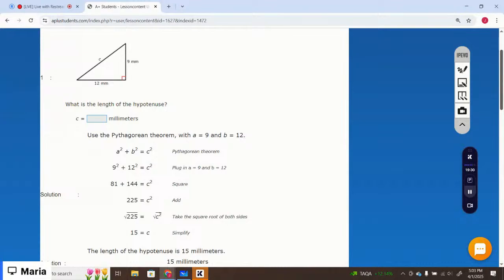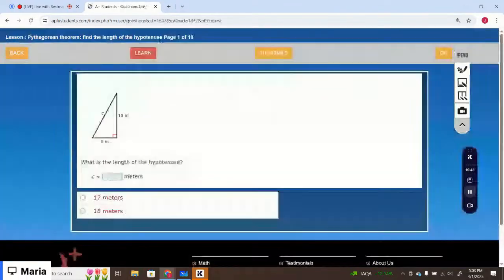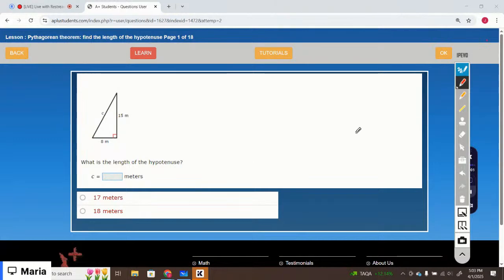Let's just start with the test questions. So you are given the other two sides, we need to find the hypotenuse.